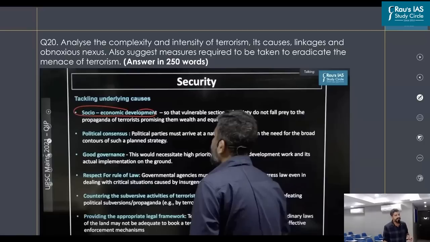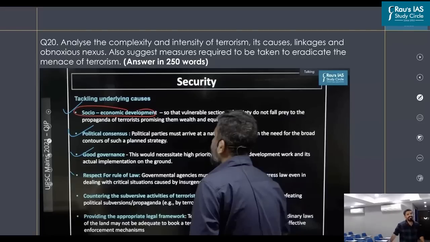And these of course are socio-economic development and creating a political consensus, because this has been the root cause of terrorism in Jammu and Kashmir. Then good governance, because that will bring the people who are in the business of terrorism into the mainstream of India.